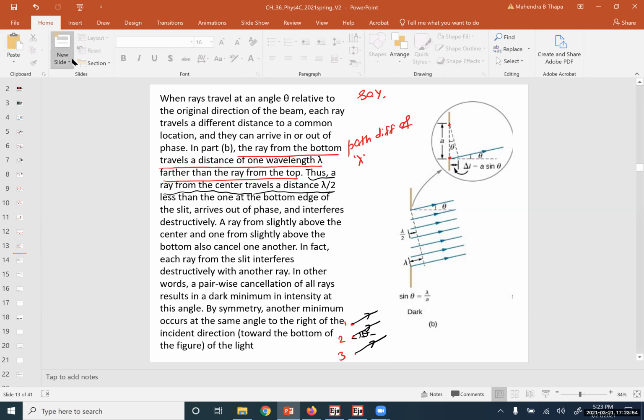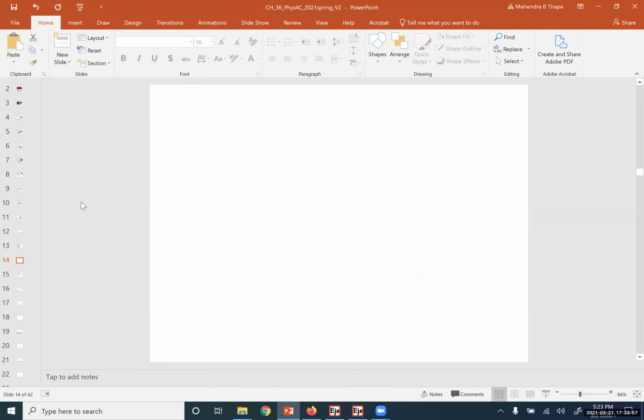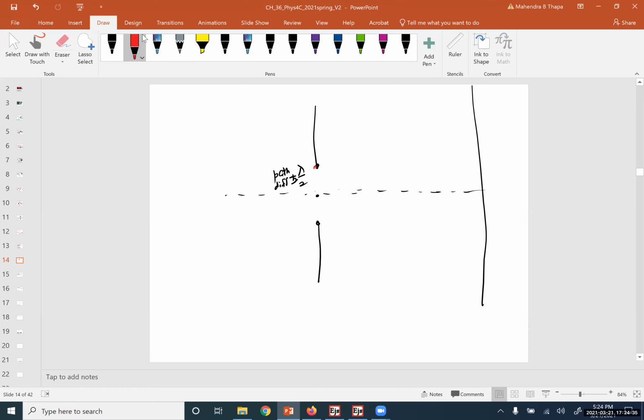This means we have this slit. One point is here, one point is here. Considering these two points, one at the top and one just below this point, the path difference will be lambda over 2. I'm talking about this point and this point.